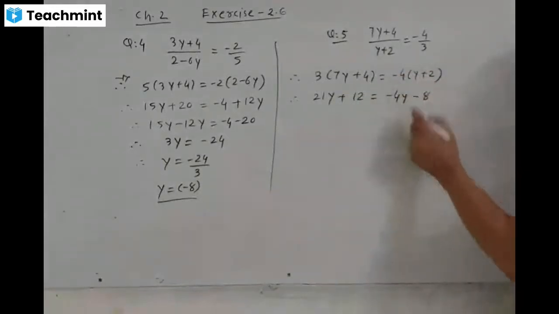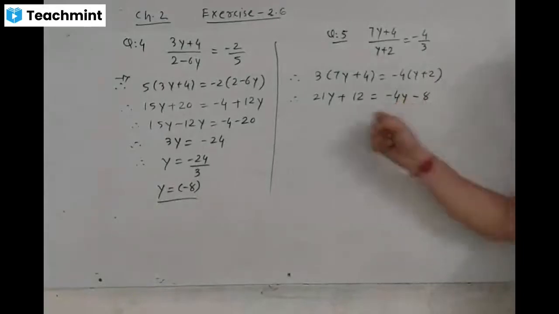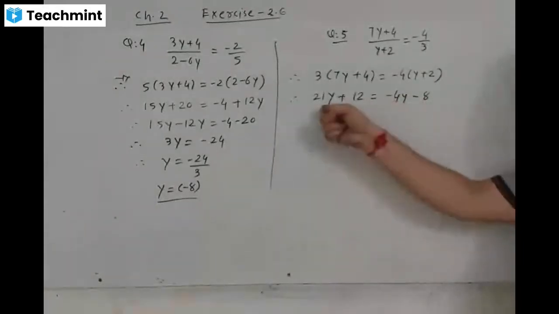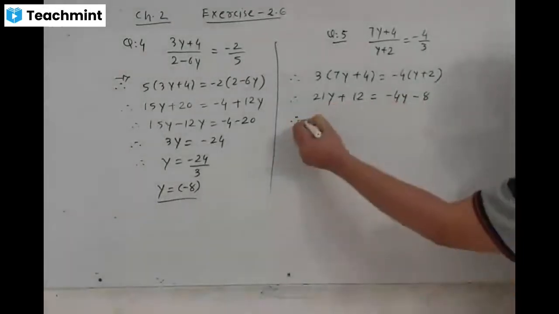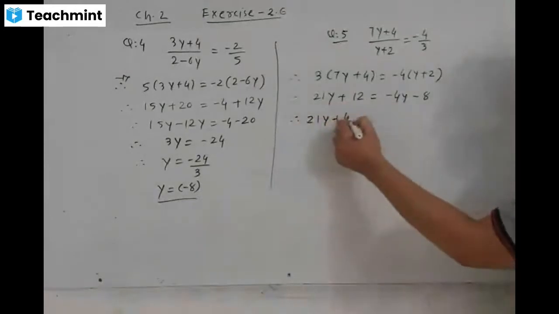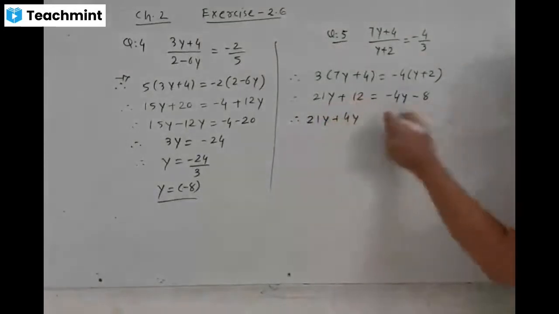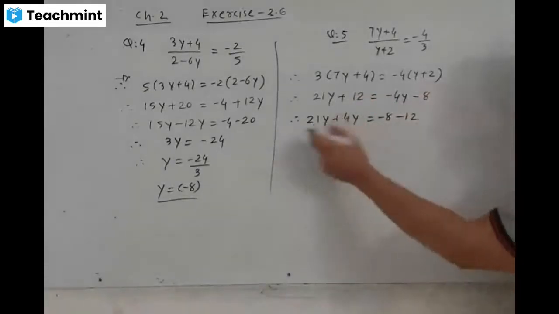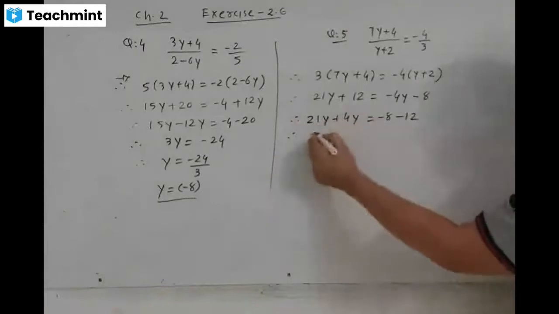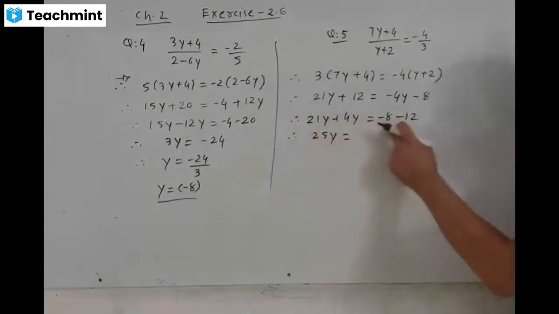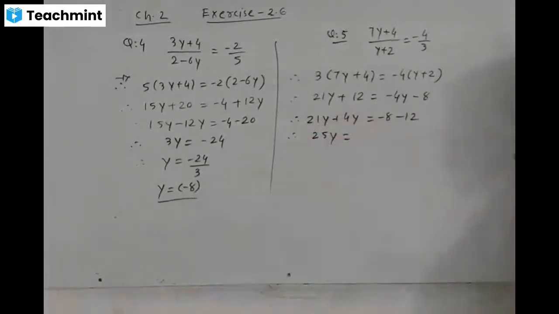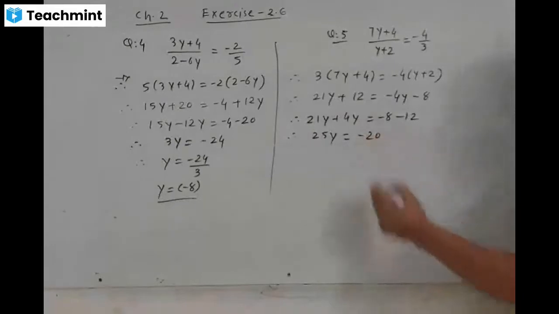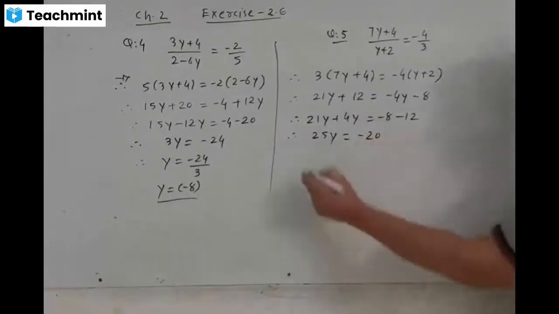Minus plus minus 4 times 2 is minus 8. Minus 4y transposing right side to left side becomes positive 4y, and plus 12 transposing to the right side becomes negative 12. 21y plus 4y is 25y, equals minus 8 minus 12, that is minus 20.